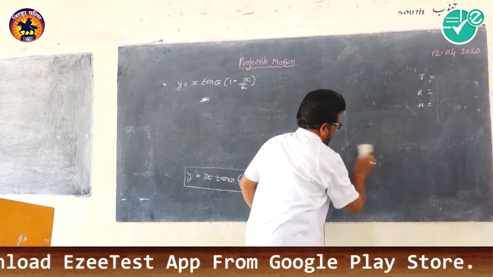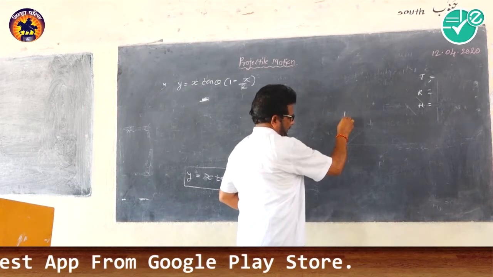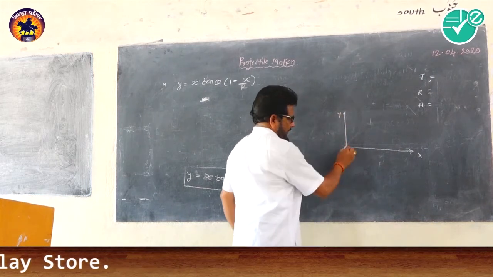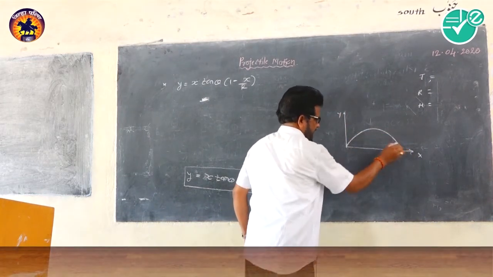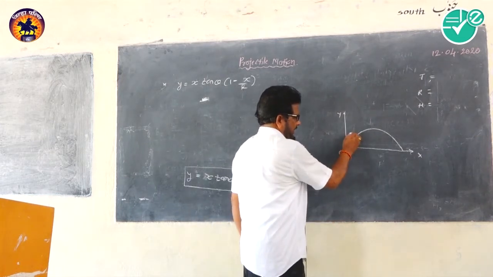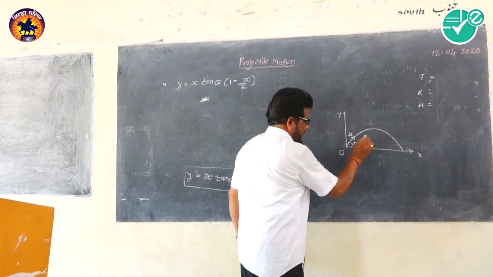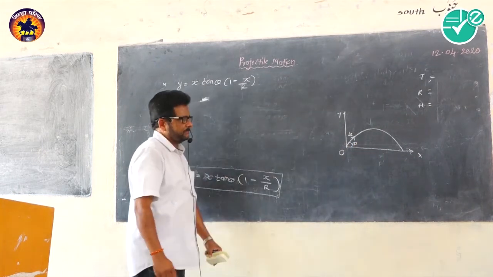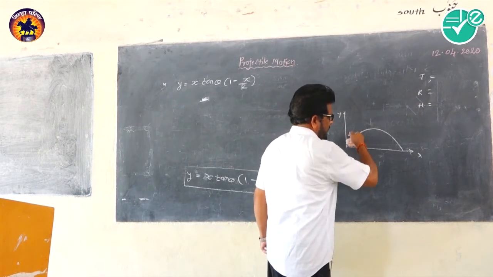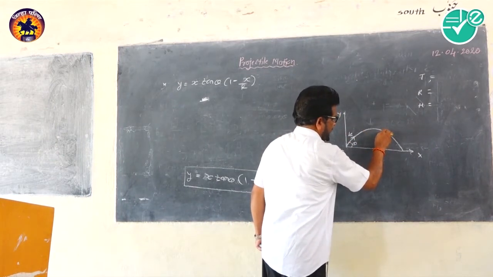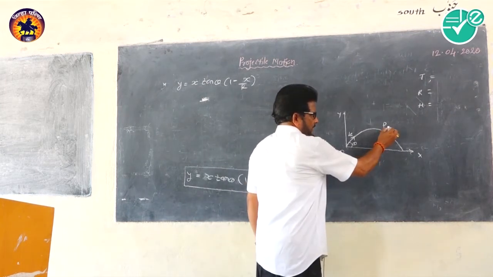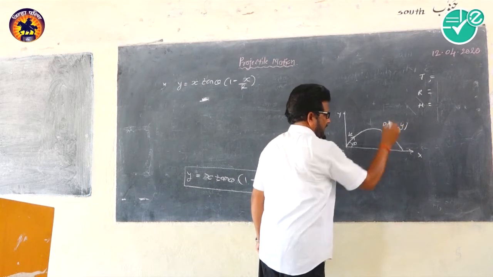Suppose we draw a fresh diagram, y axis, x axis. The projectile moves in this way. This is the origin of the projectile. It is projected with initial velocity u making some angle theta with the horizontal. Then after some time t, suppose the particle goes to any point P, so that its coordinates are x, y.